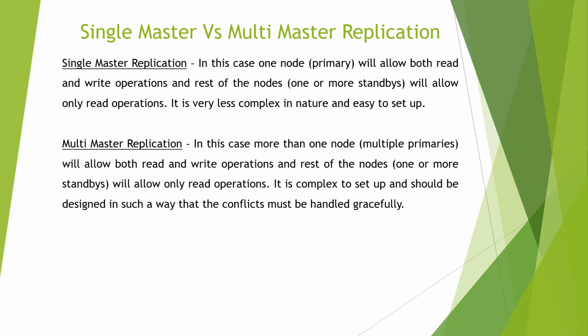In multi-master replication, more than one node will allow both read and write operations, whereas the rest of the nodes will allow only read operations. It is complex to set up and should be designed in such a way that conflicts are handled gracefully.